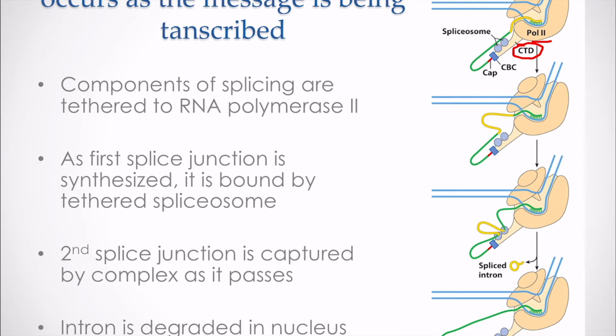And then as the intron comes out, those splicing units will bind to them. They will capture the second one coming out, whatever that is, depends on the adenosine. And then you will get the removal of your intron. That Lariat structure will get removed, and the exons will be fused together. So again, this is occurring as part of the function of your RNA polymerase.